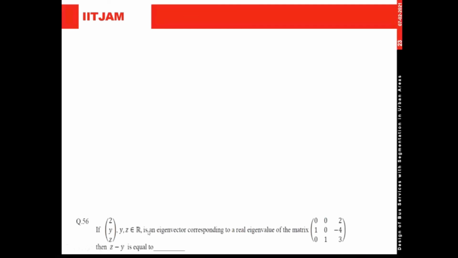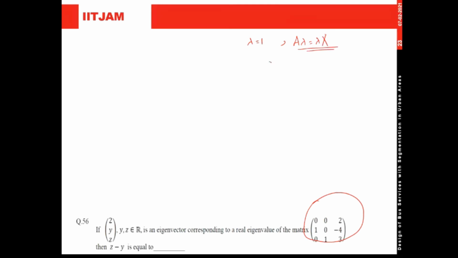So this is my question. This is my matrix. I got a real eigenvalue, lambda equal to 1. So we know that Ax is equal to lambda times x.